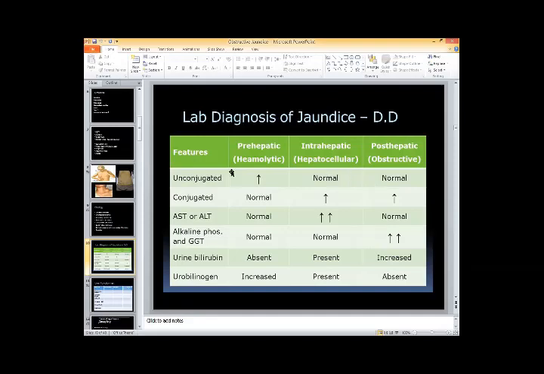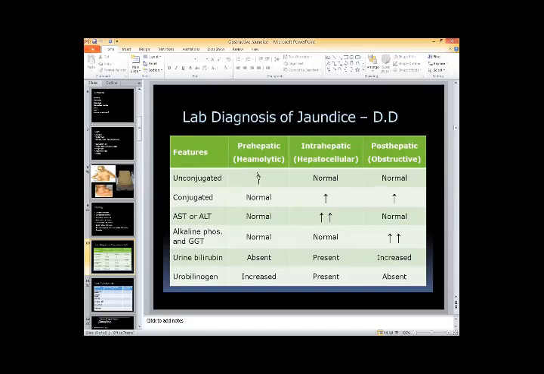To further clarify between hepatic and post-hepatic, we'll see AST or ALT. These are the liver enzymes which are high in conditions of liver problem, liver injury, like hepatic jaundice, or hepatic problem like in hepatitis. So if AST and ALT are high, that means it's a hepatic jaundice.